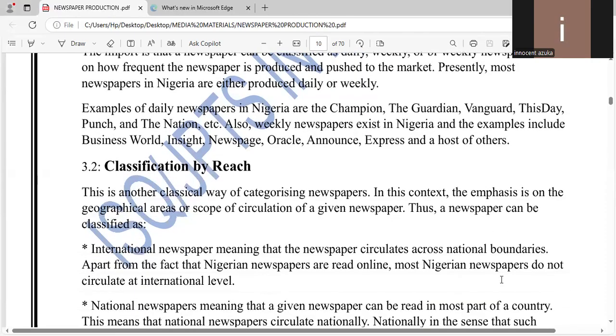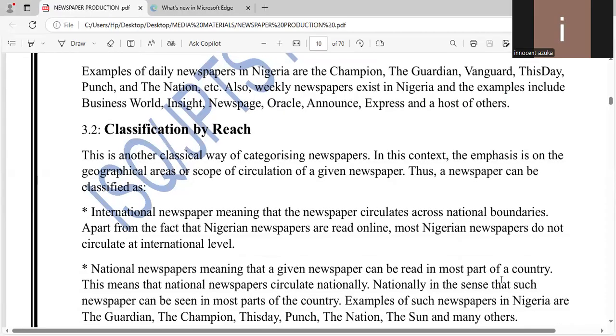Now we have classification by reach. This is another classical way of categorizing newspapers. In this context, the emphasis is on the geographical area or scope of circulation of a given newspaper.